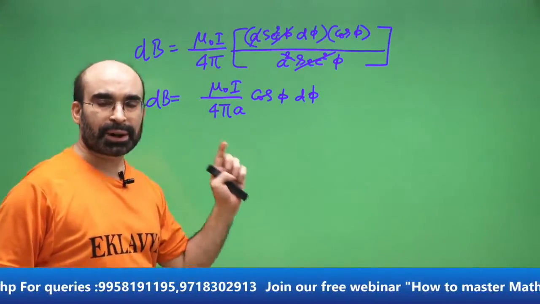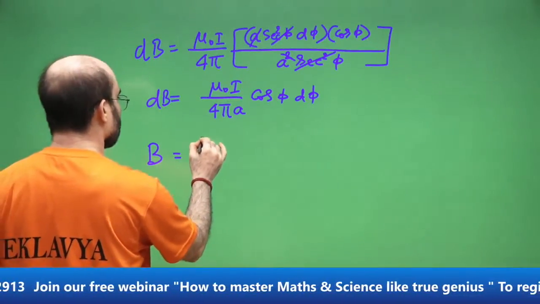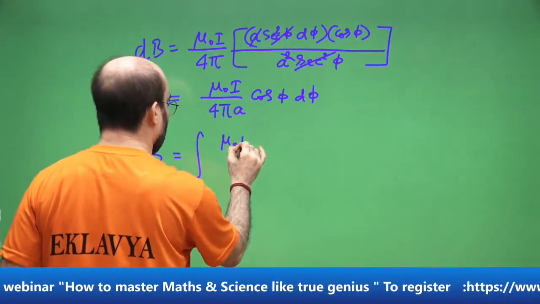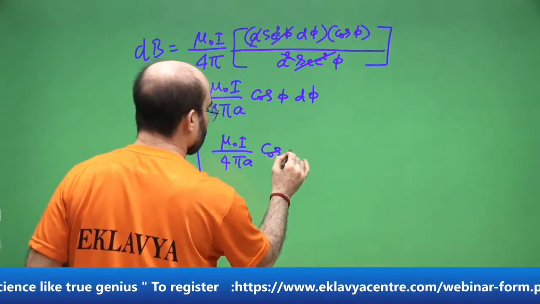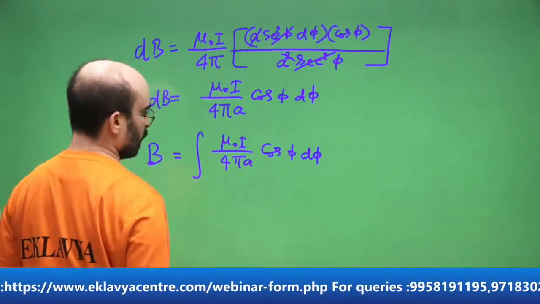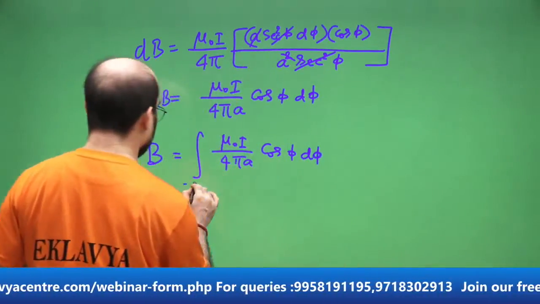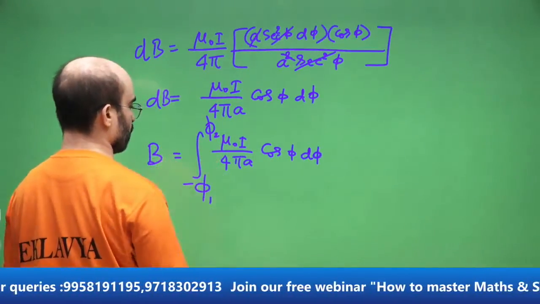Now integrating this over the limits, mu naught I upon 4 pi a cos phi d phi, and what are the limits? Limits would be minus phi 1 to phi 2. These are the limits.